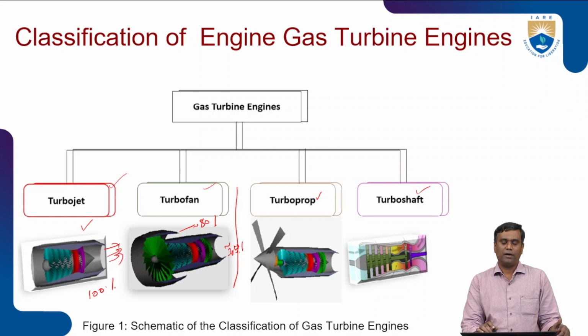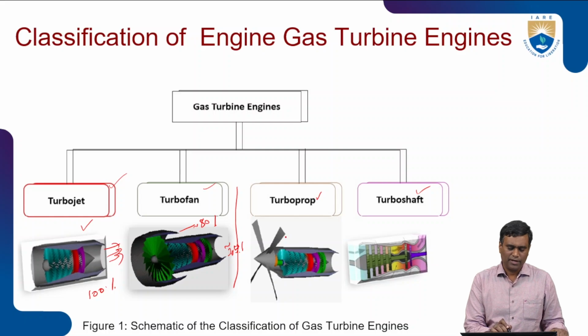If you look at the pictures shown here, these two generate thrust by different means when compared with turbojet and turbofan. In a turboprop, propellers generate thrust, and they rotate depending on shaft power.